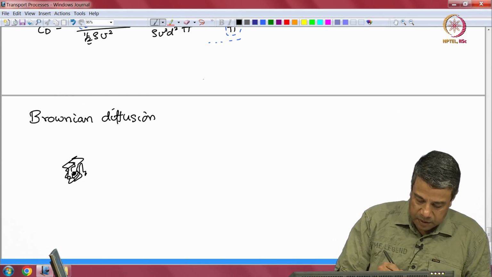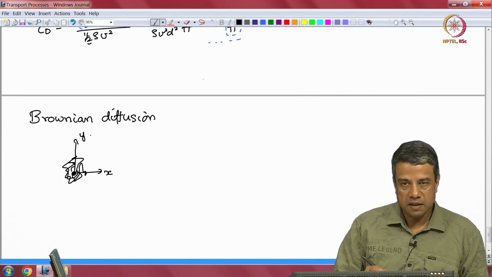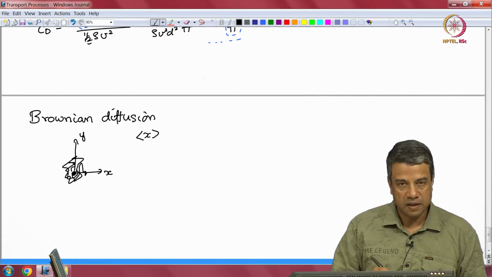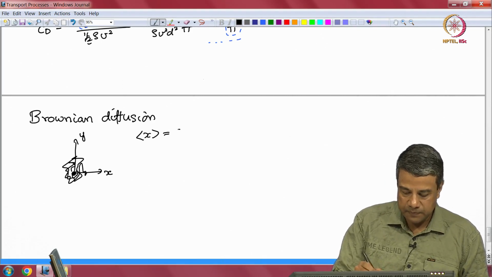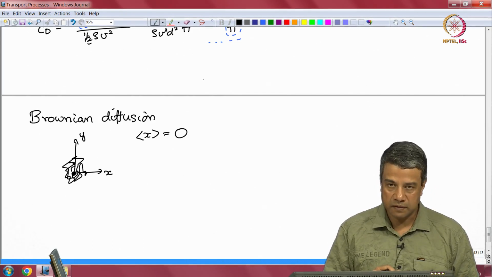If, for example, I put an axis here, x and y, and I ask, as a function of time as this particle moves around, how does the average value of x vary with time? This is equal to 0 because it has equal probability of going either to the left or the right.